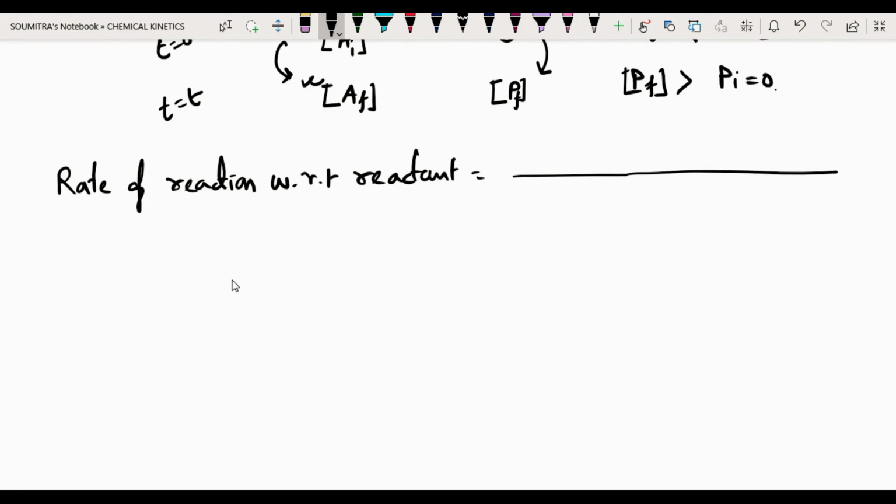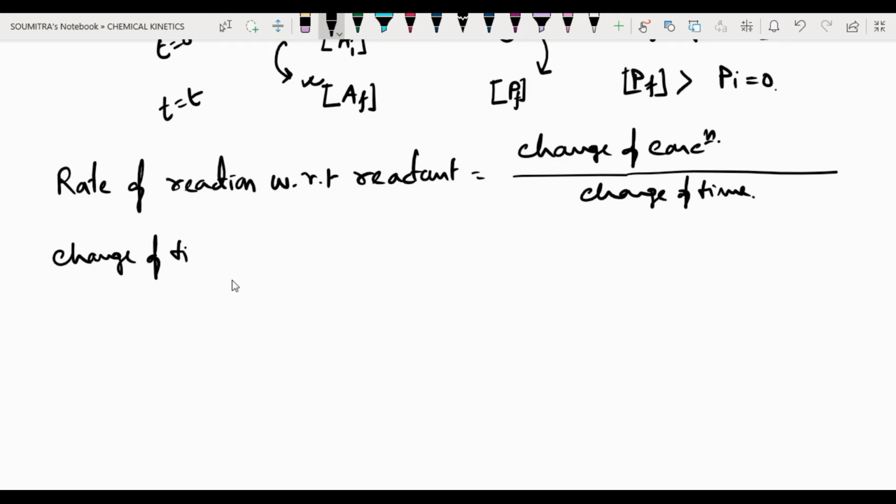In this case, we will take in the numerator the change of concentration, and change of time, which is delta T. Here the change of concentration means A final minus A initial.